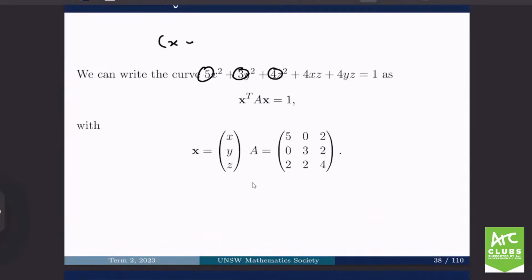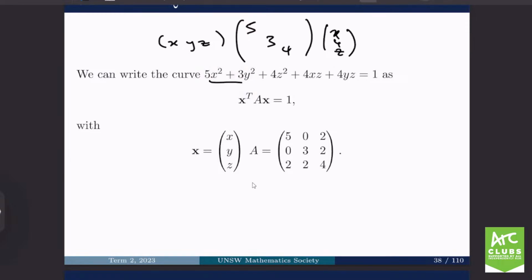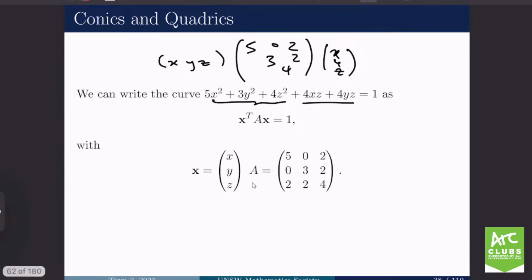It's like (x, y, z) times the matrix with 5, 3, 4 on the diagonal, times (x, y, z), and you can see that will give us these terms. Then to get these terms here, we'll see that it needs to be 0, 2, 2. This here corresponds to our xy, and these two correspond to our xz and yz and so forth. If we multiply by the left and right, we'll add them together, so that's why it's 2 and not 4. 2 plus 2 is 4. And this is our symmetric matrix.